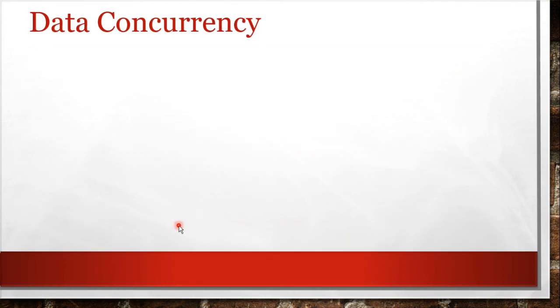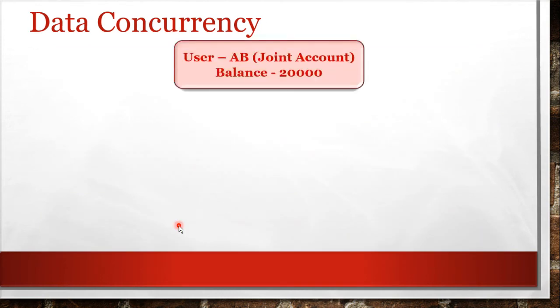The next term is data concurrency. Data concurrency means multiple users are accessing the same record. For example, users A and B have a joint account with a balance of rupees 20,000.